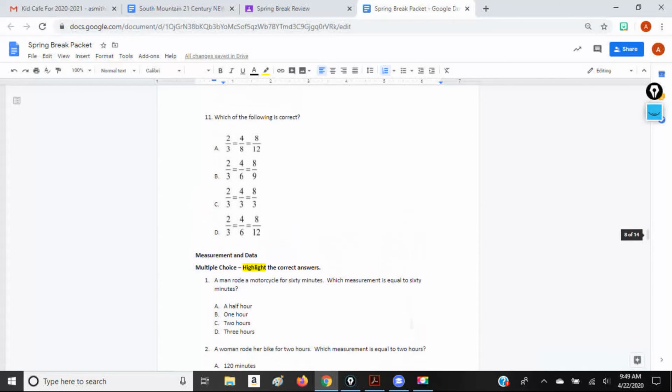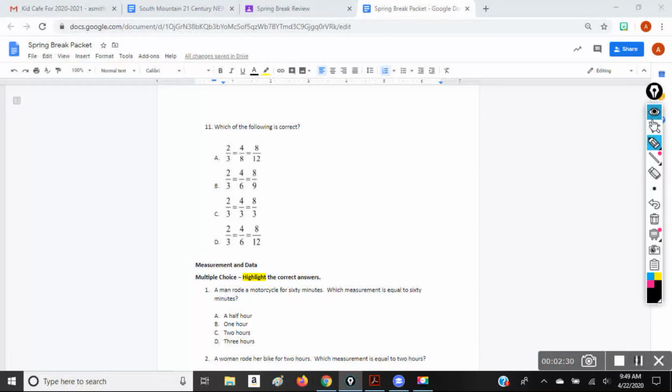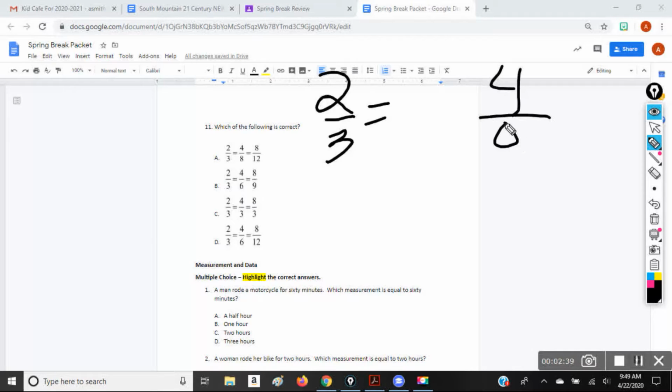Number 11, which of the following is correct? 2/3 is equal to 4/8. Well, for them to be equal, an equivalent fraction must multiply or divide the top and bottom by the same number.